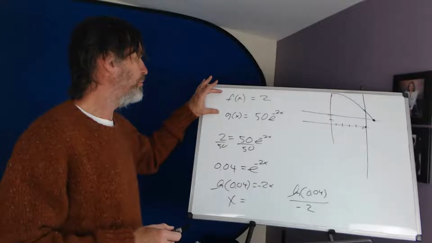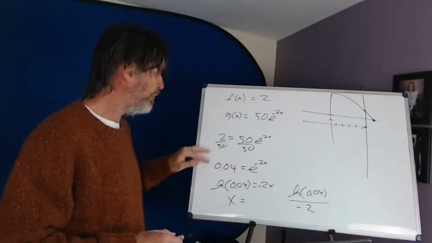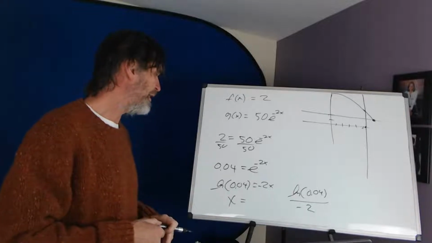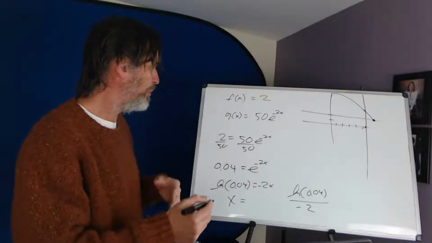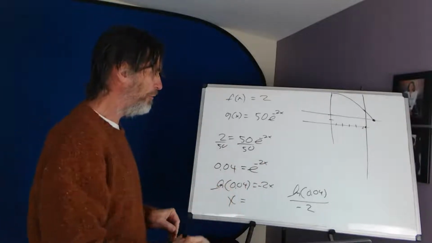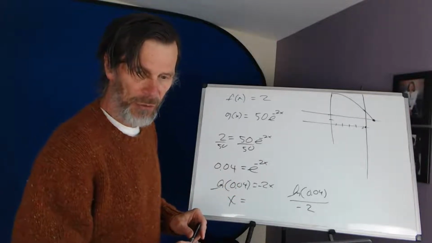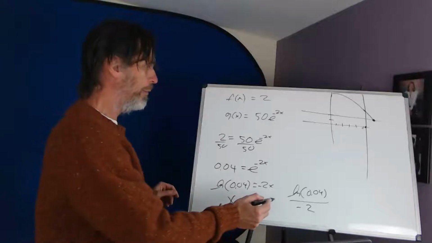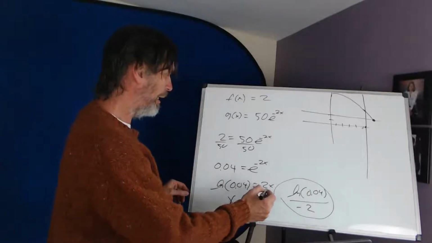So again, I set those two equal to each other. I did a little quick exponential equation solving the way we've always done it. Isolate the exponential, then use logarithms. Remember, the logarithm asks what's the power. So what power of e is equal to 0.04? That's what natural log asks. It's negative 2x. Yeah, negative 2x.